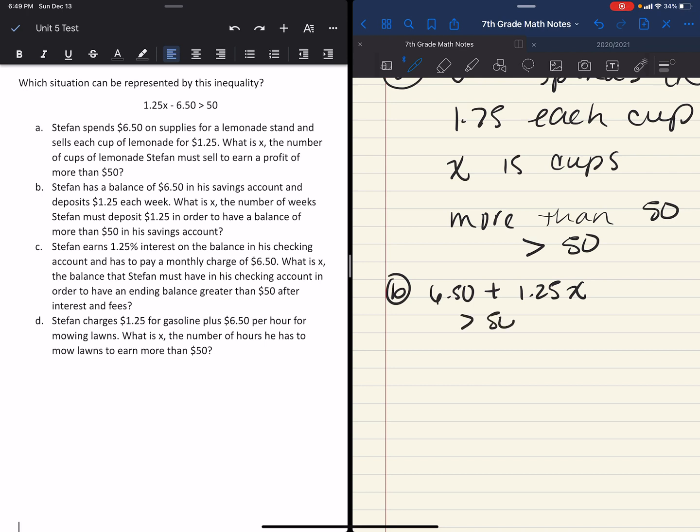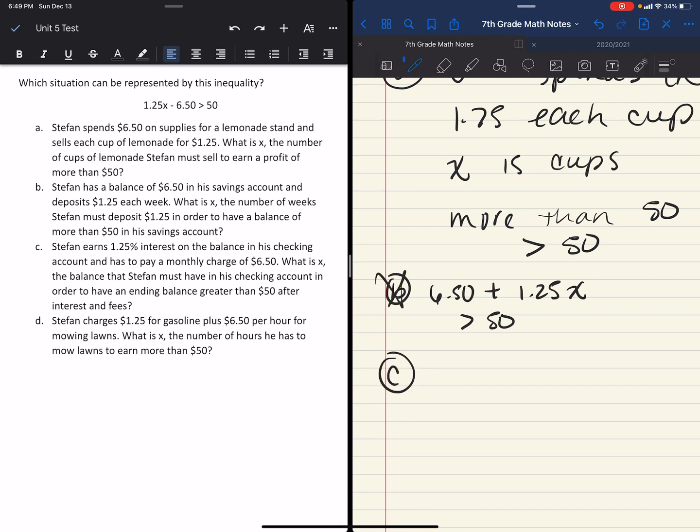That does equal more than 50. But the $6.50 in this case is positive, and in our initial inequality it is negative. So B can't be my answer.